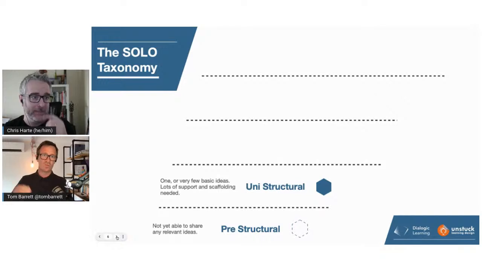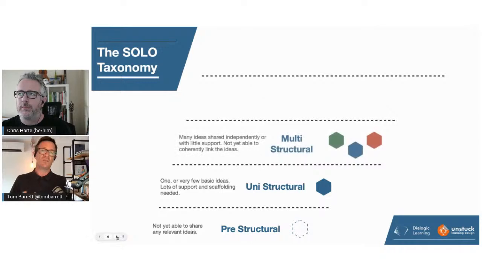So pre-structural, uni-structural, you'll notice the language, and the next one is going to be multi-structural. Each of these first few stages, levels, phases, however you want to describe them, steps, are to do with the quantity of the things that we know.